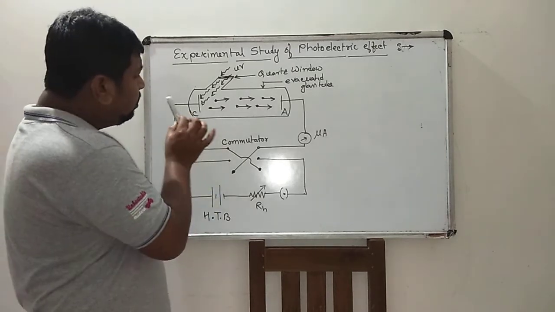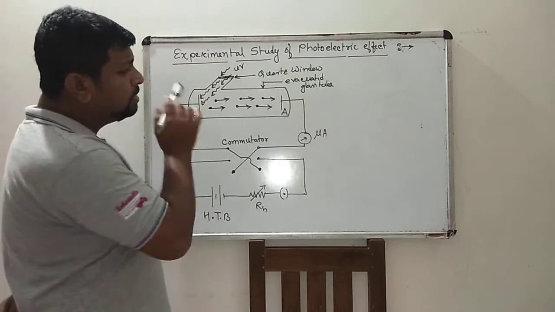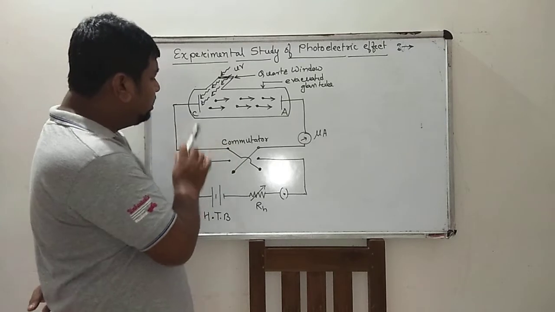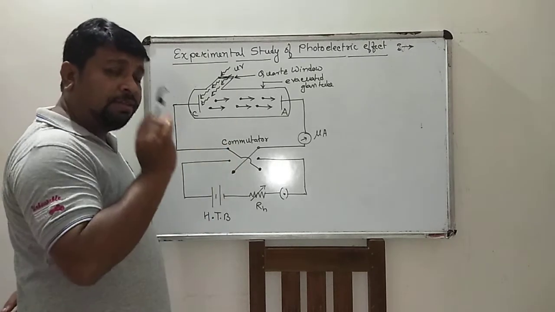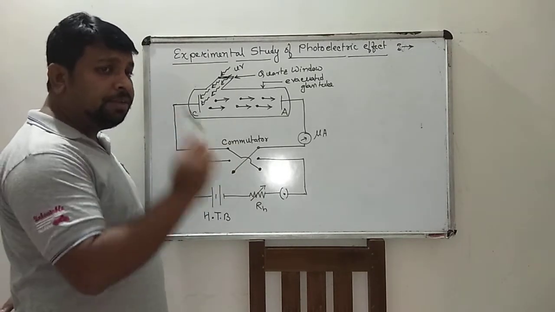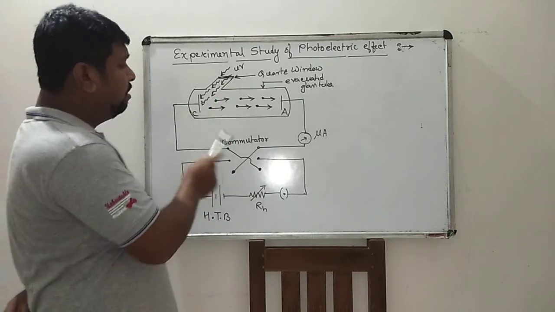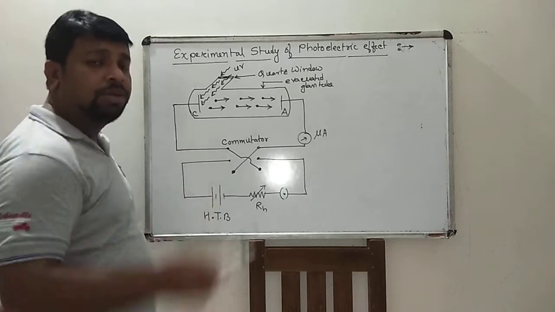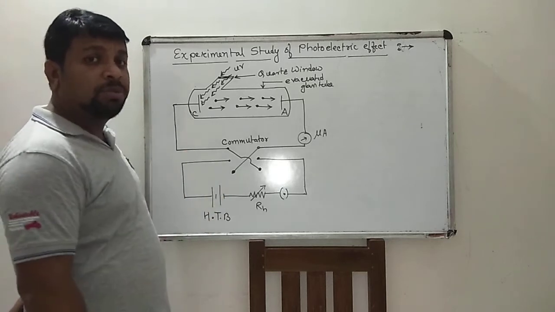For a certain definite frequency of incident radiation, the electrons are ejected from the cathode to the anode. At a definite frequency of ultraviolet light incident on the cathode, the cathode emits electrons. That frequency is known as the threshold frequency.